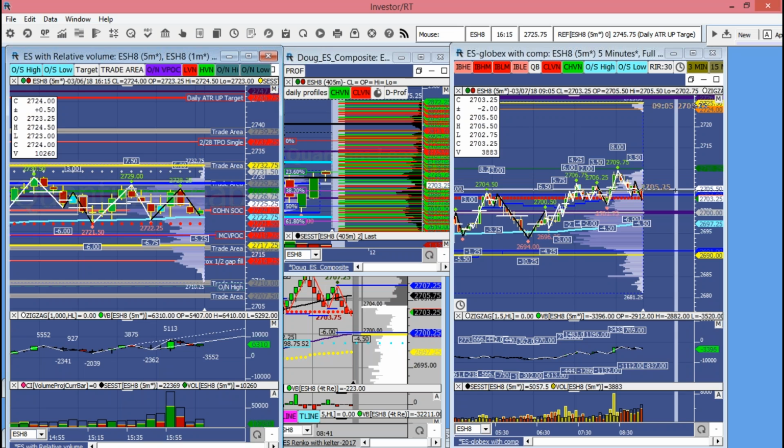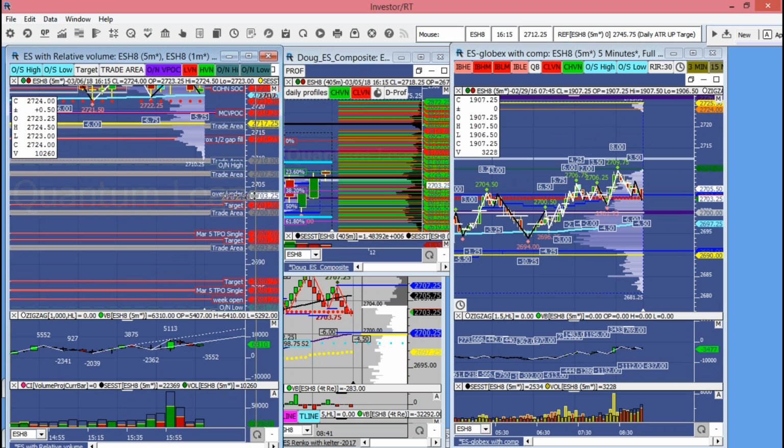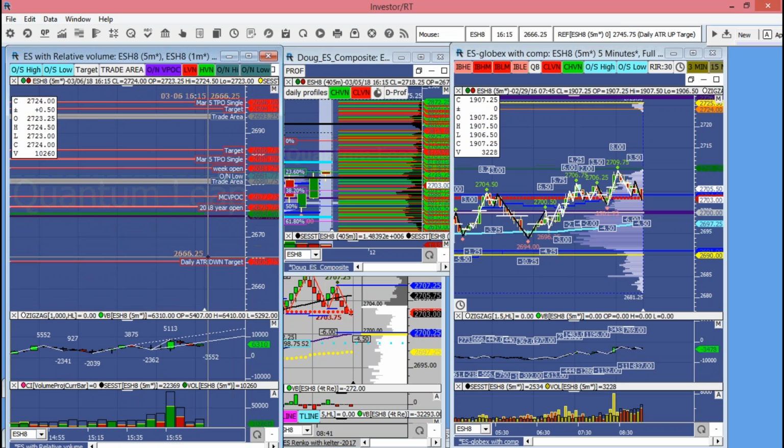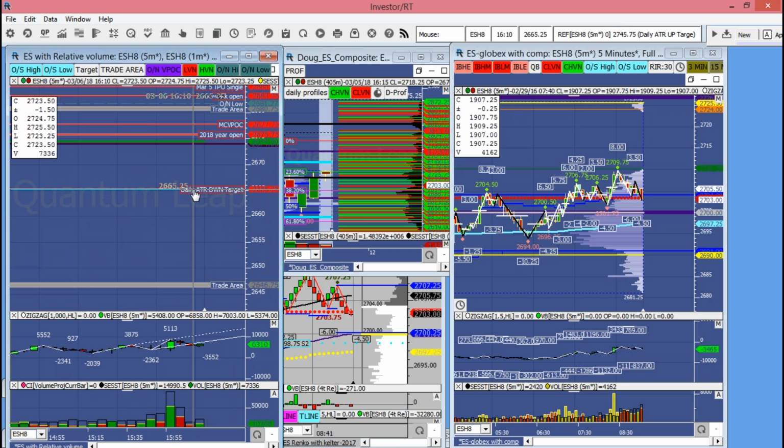And currently off of the overnight high of 2709.75, our downside daily ATR target is down at 2648 and a quarter. So you can see we have room and capabilities to expand this market down.